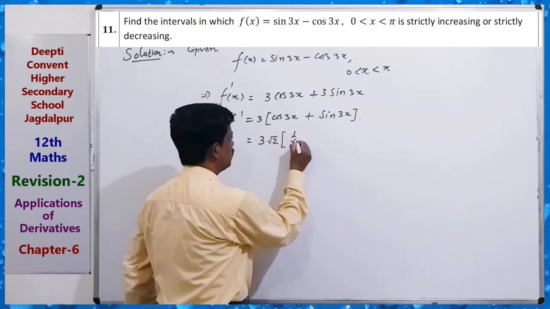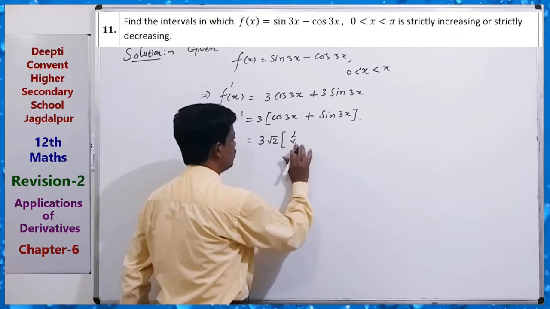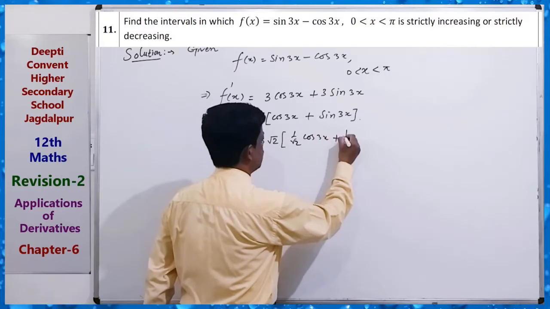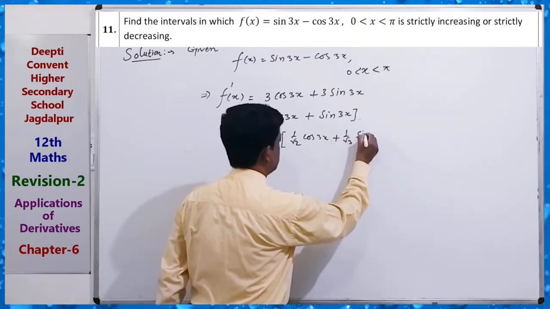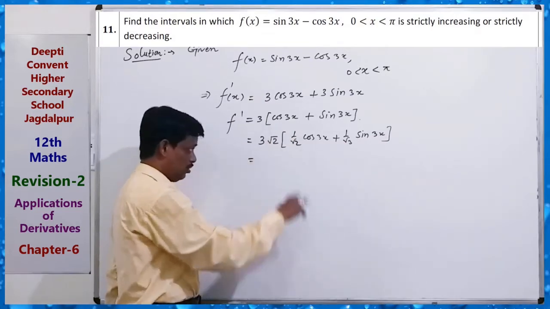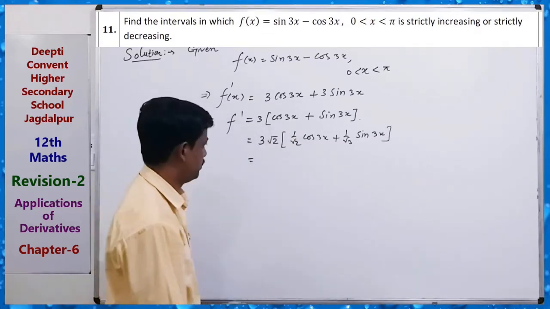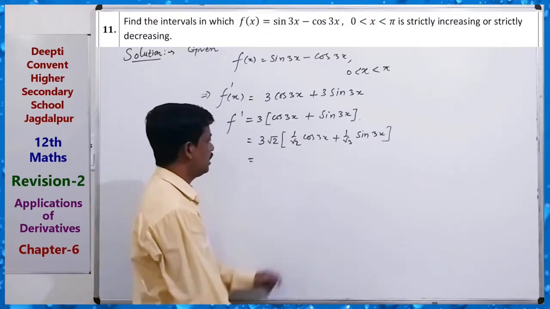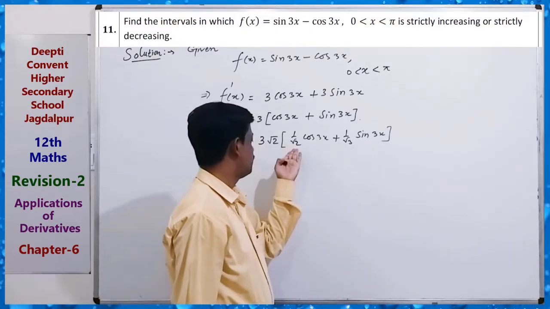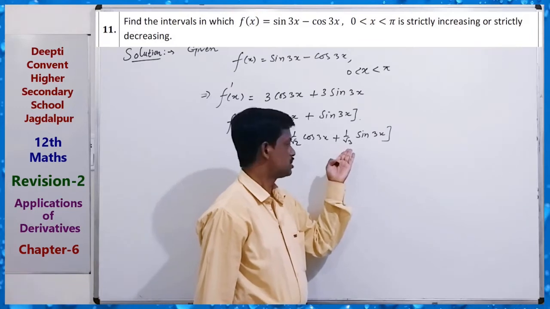So 1 by root 2 cos 3x plus 1 by root 2 sin 3x. 1 by root 2 is sin pi by 4, and also cos pi by 4.